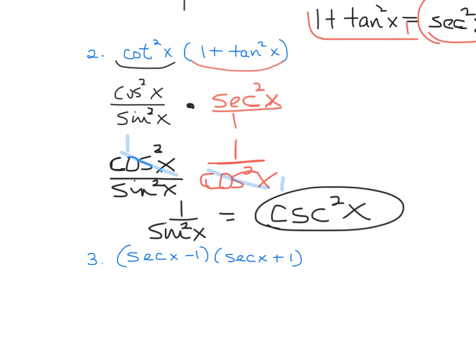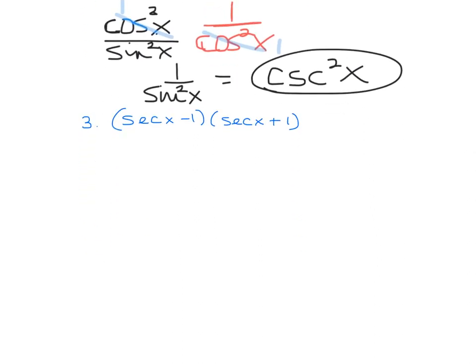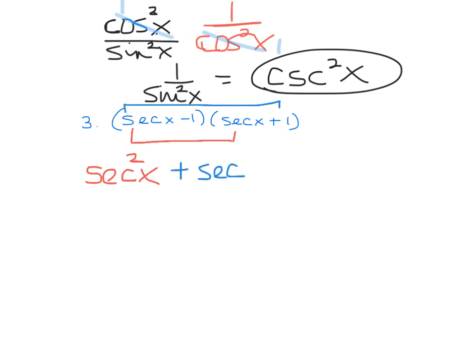Okay. All right, number 3, we're going to FOIL. So first gives me secant squared x, outside gives me plus secant x.